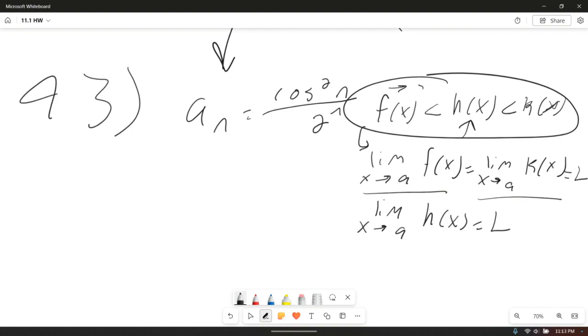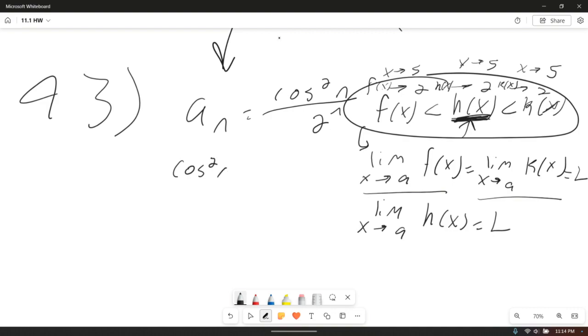If this approaches 2 and this approaches 2, then there's no other number that this function can be as x approaches 5 or whatever. So we can use that sort of logic here.